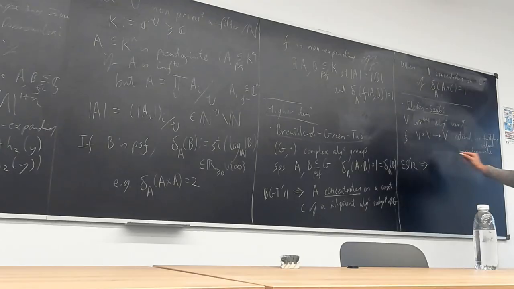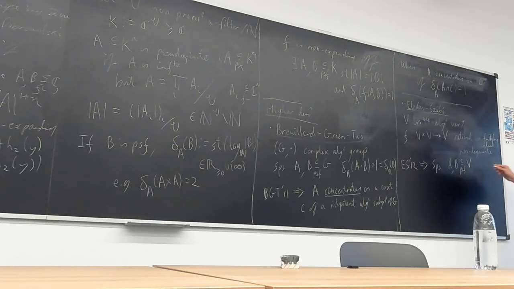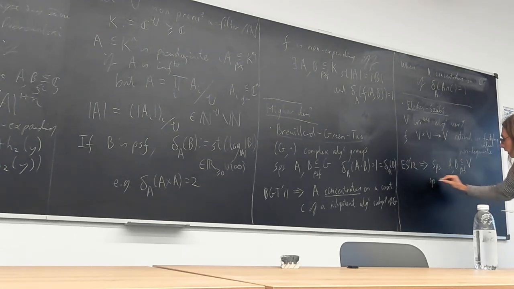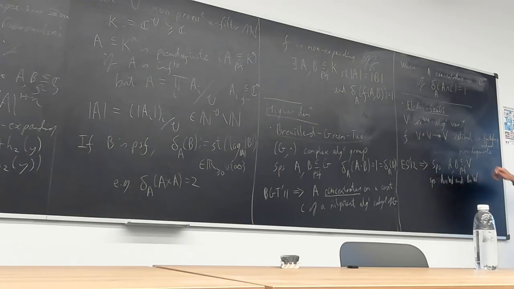So let me state this slightly precisely. Sorry, but with a key assumption. So suppose we have A and B, pseudo-finite subsets of V, and suppose that they're in general position in the sense that if I take the intersection with a proper subvariety W of V, then it's finite. Okay?